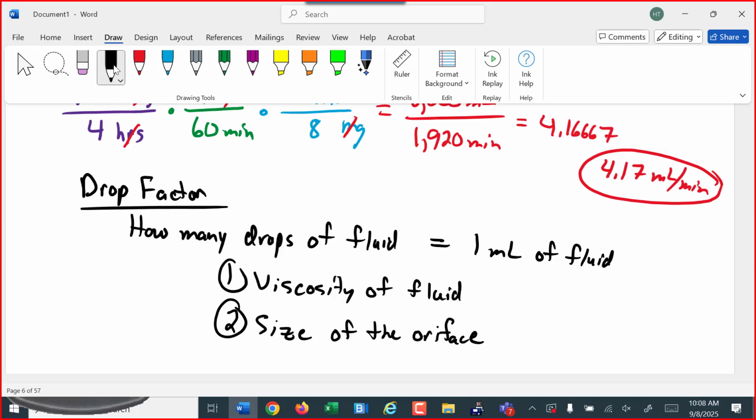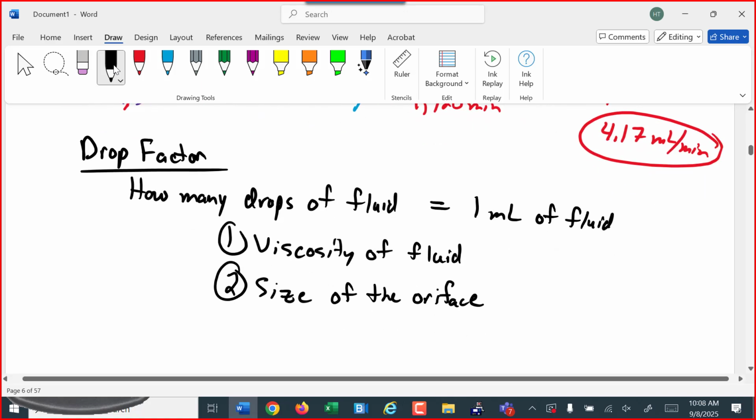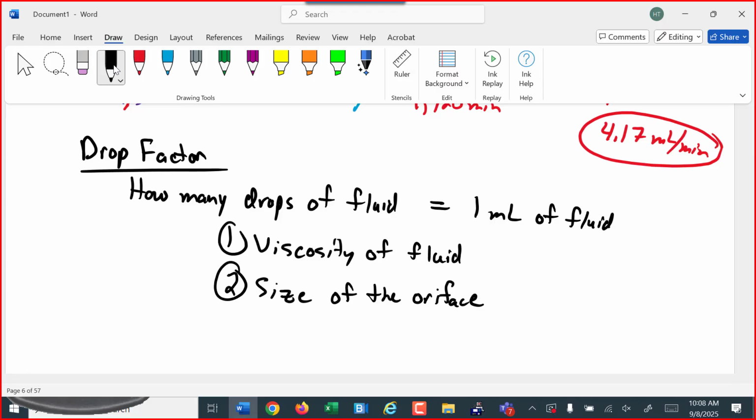We're not going to deal with the viscosity and the orifice. We're going to be given the drop factor. So for this example, we might be told that for this fluid and this setup, the drop factor is 10 drops per milliliter. So 10 GTT per mL.